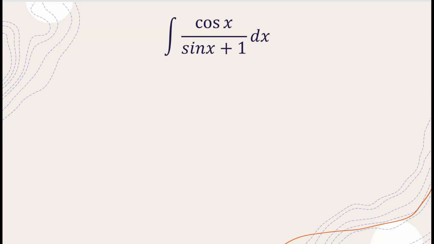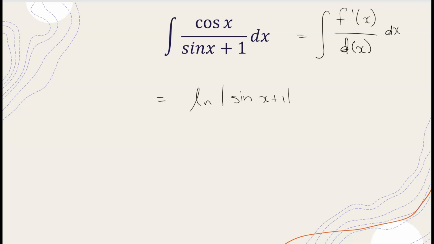Now here we are, back to that pattern again. If we look closely, the derivative of the bottom line is on the top. So we can go straight to the answer and say that it's the natural log of the bottom line plus c.